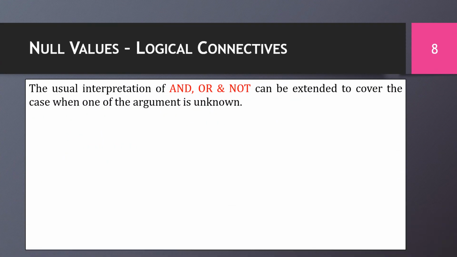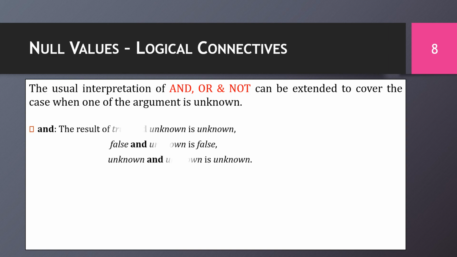The usual interpretation of the logical connectives like and, or, and not can be extended to cover the case when one of the arguments is unknown. If you are using the logical connective and, the result of true and unknown is unknown, false and unknown is false, unknown and unknown is unknown.